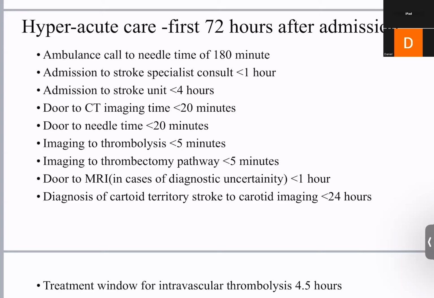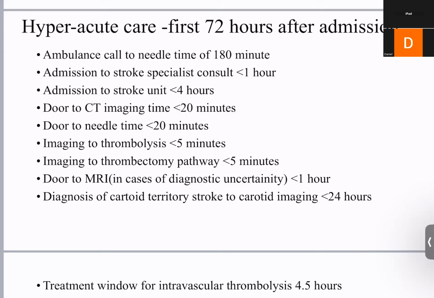Once you have got the image of a patient, from imaging to thrombolysis, the time should be less than 5 minutes, which they propose to do in the CT room itself. If it is a large vessel stroke, and we know the patient may require thrombectomy, again, from imaging to the thrombectomy pathway, it should be less than 5 minutes.